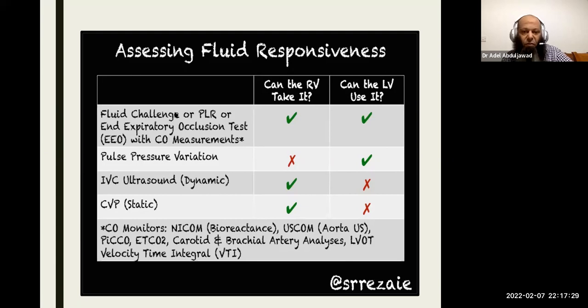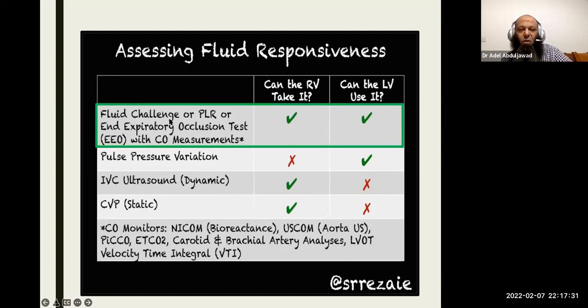So for example, if you use the passive leg raise or the end-expiratory occlusion test with cardiac output measurement, you are ideal here, because you are assessing preload and afterload. You are assessing RV and LV.